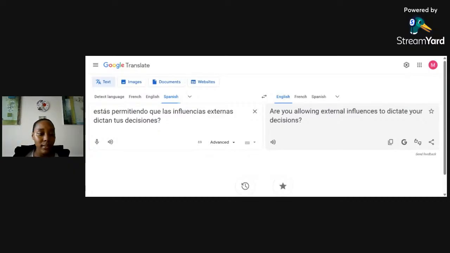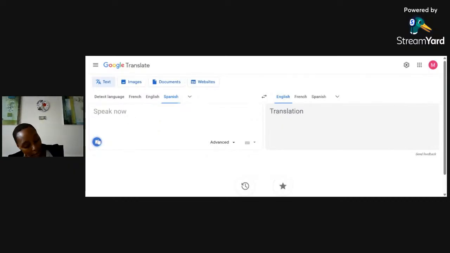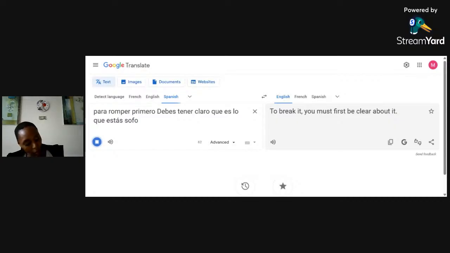So next sentence. Para romper, primero debes tener claro qué es lo que está sofocando tu crecimiento. Okay, so para romper, romper means to break, but I'm guessing in this case, maybe to break this pattern.